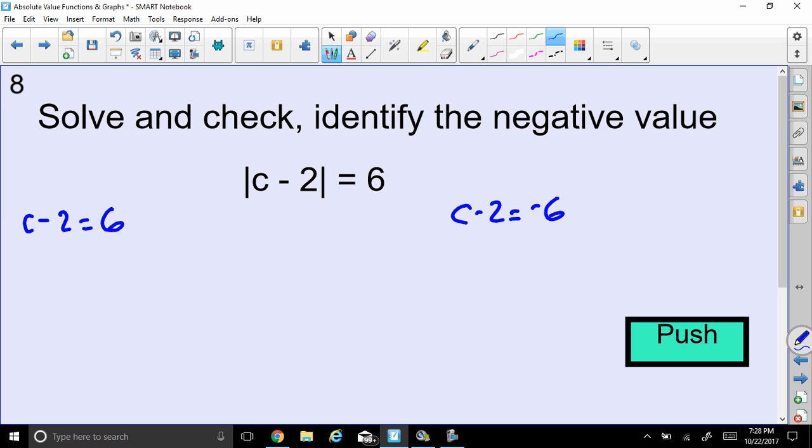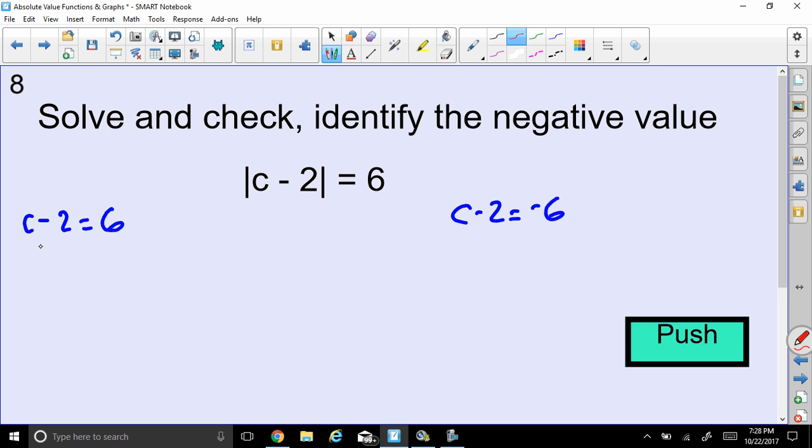Remember the reason why we set it up this way: absolute value is the distance from 0, and a distance could be a negative distance or a positive distance. That's why we have one negative and one positive answer.